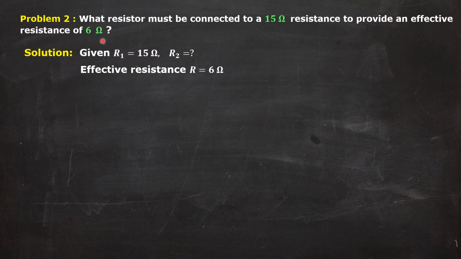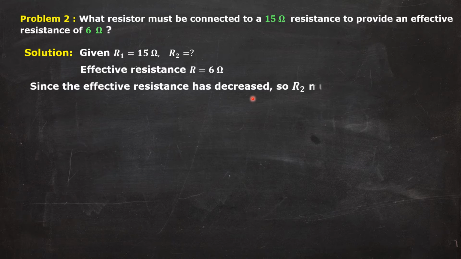See here, effective resistance R is equal to 6 ohms. Since the effective resistance has decreased, R2 must be connected in parallel with R1, isn't it? So the effective resistance of these two resistors has decreased.